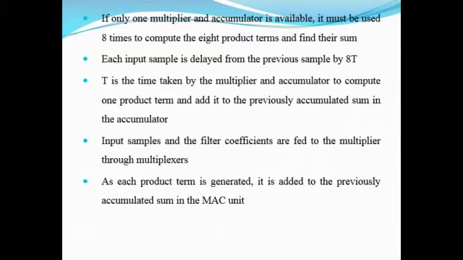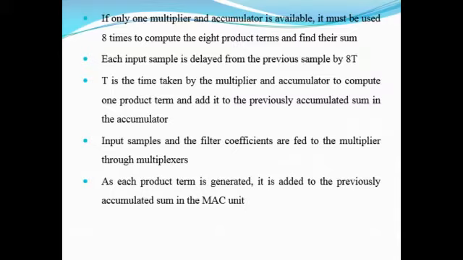It's a known fact, when one multiplier and accumulator is used and 8 operations are to be done, it has to perform the operation 8 times. So each input sample will be delayed from the previous sample by 8t, because all the operations require the multiplier to work 8 times. Here t is the time taken by the multiplier and accumulator to compute one product term and add it to the previously accumulated sum in the accumulator.